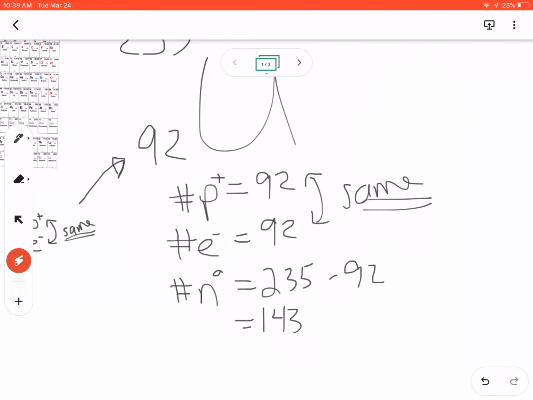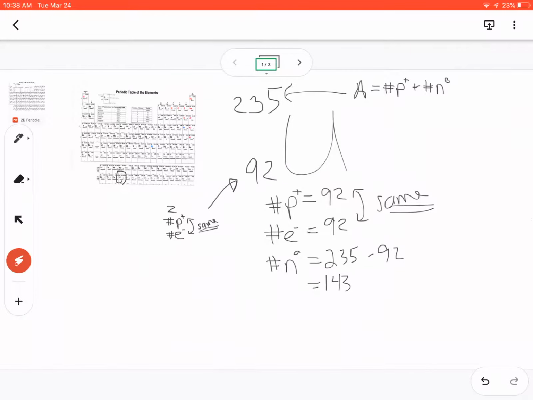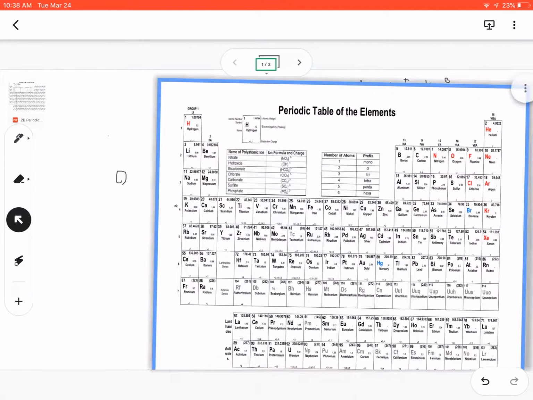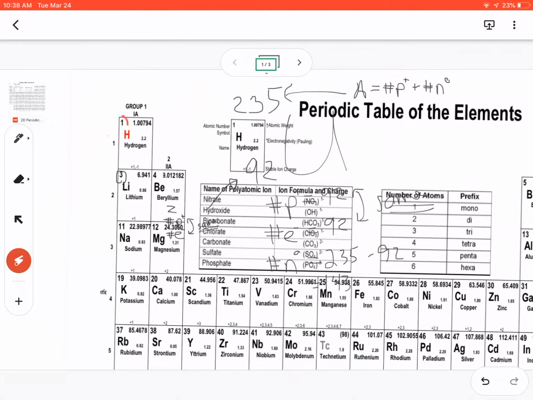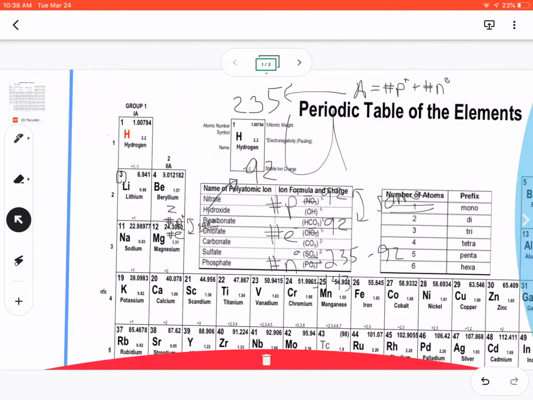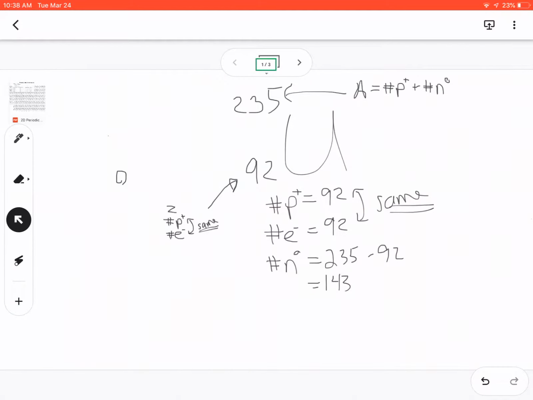That comes from our atomic number, which, if we zoom back out and make our periodic table bigger again, are these numbers up here. There they are right there.